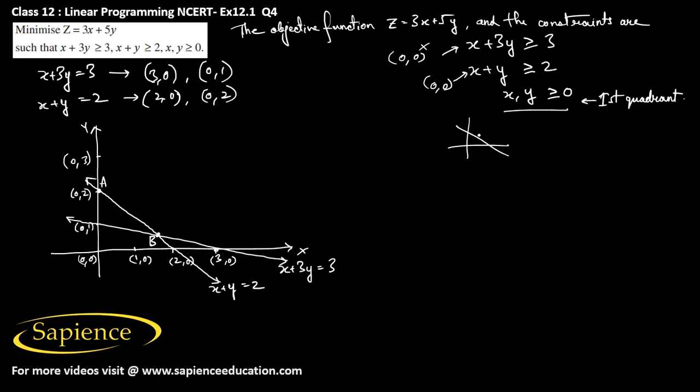So we need to take the common region, which will be the feasible region. So the feasible region will be this one. So this region will be the required feasible region.